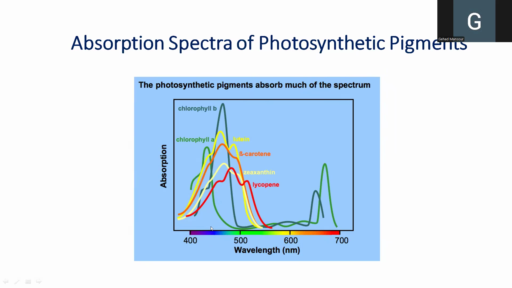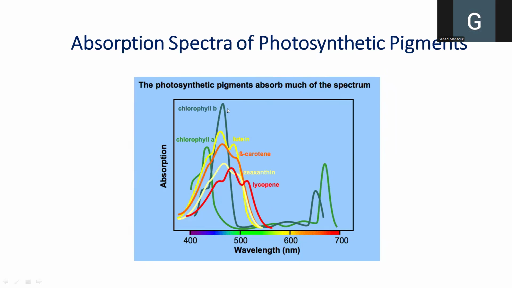Of course, since chlorophyll A is the main reaction center, and it has a major peak of absorption at 440 and another peak at 680, the overall absorption spectrum of the pigments will be essentially that of chlorophyll A, depending on the concentration of chlorophyll A, because it is the most abundant in the chloroplast.